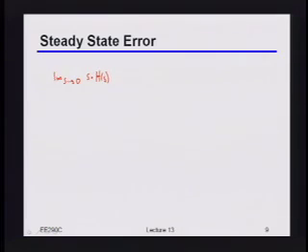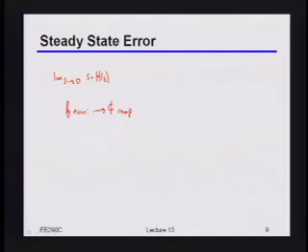Okay? So let's just see what that would imply in this particular case. So first of all, if I have a frequency error, we said that that translates into a phase ramp, right? So in the S domain, what would a phase ramp be represented as?